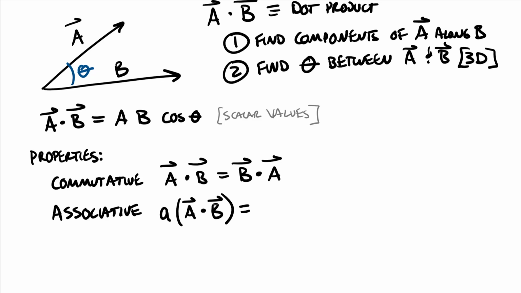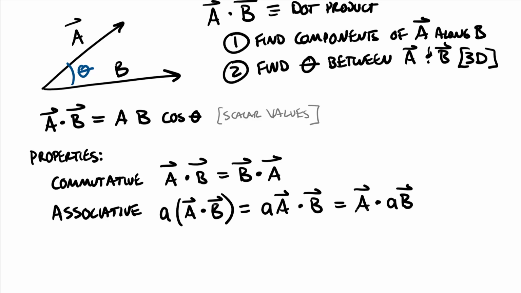This would also be equal to this scalar constant value times vector A dotted with B, or would also equal vector A dotted with scalar value little a times vector B. Okay, really, it's like if we're going to multiply a constant value, we can multiply before the dot product, after the dot product, it doesn't matter.